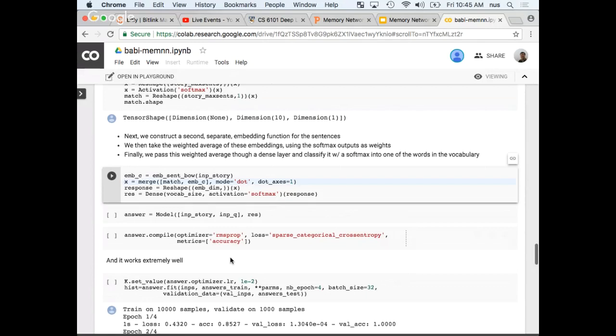So, for example, let's say you had a very complicated story with many people and many locations, and you ask different questions about the locations of different people. Could you just take the output of the first layer, remove it, and then artificially say, I want to know the location of the second particular person?